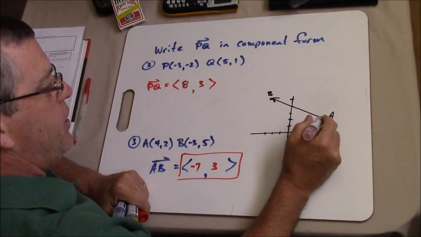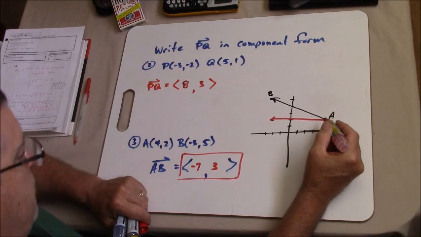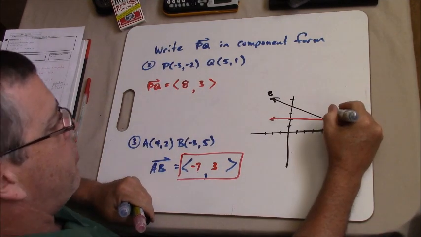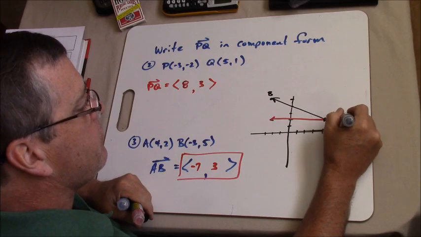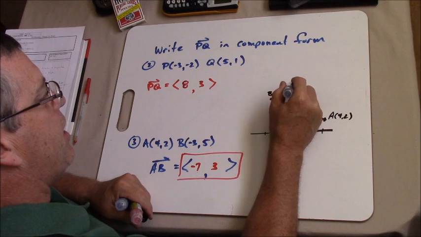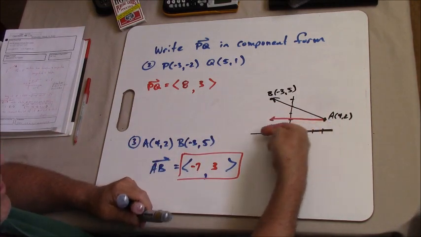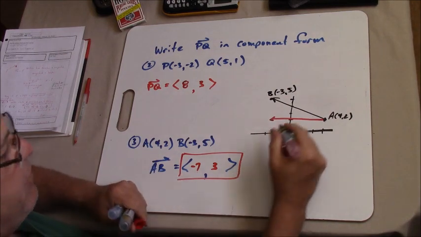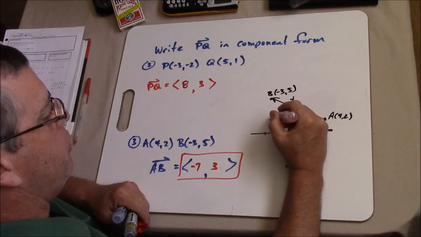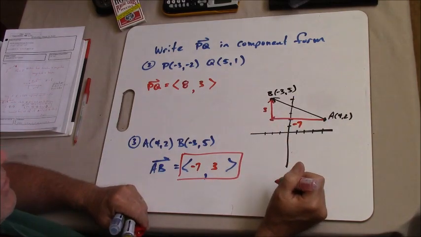Well, if I look at it right here, I'm going back. Let me write down the coordinates. This was 4 comma 2. This up here is at -3 comma 5. So I'm going from 4 back to -3. That means I went this direction 7 units, and that's in the negative direction. And then from 2 to 5, I went up 3 units.